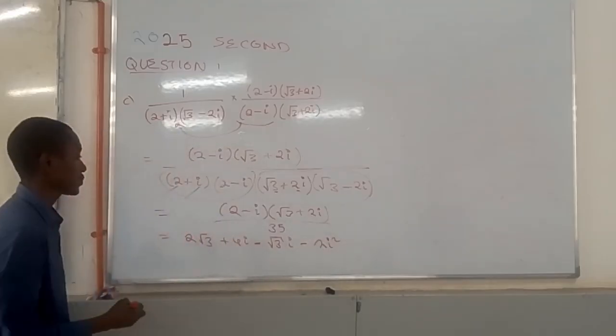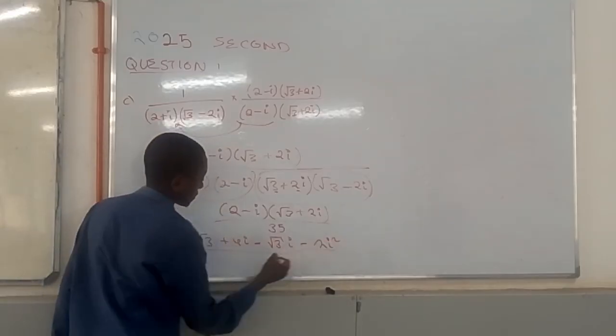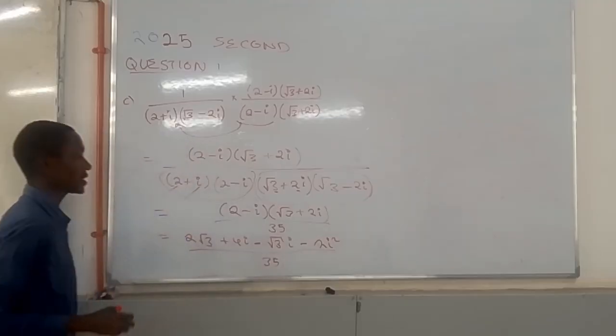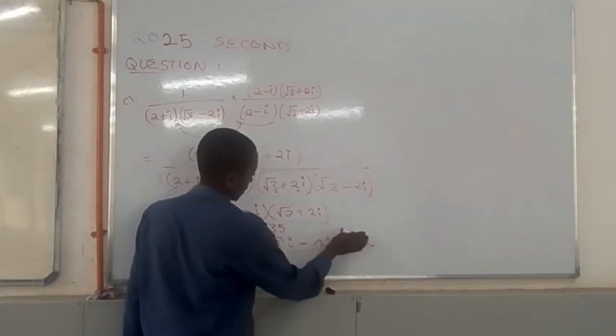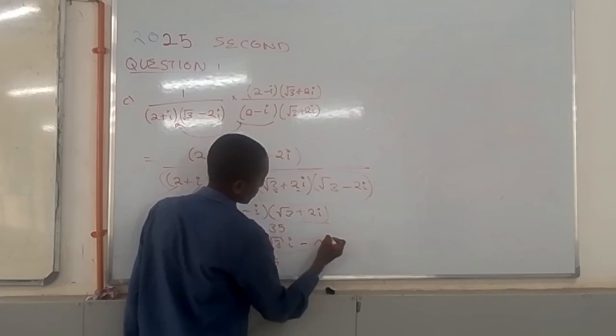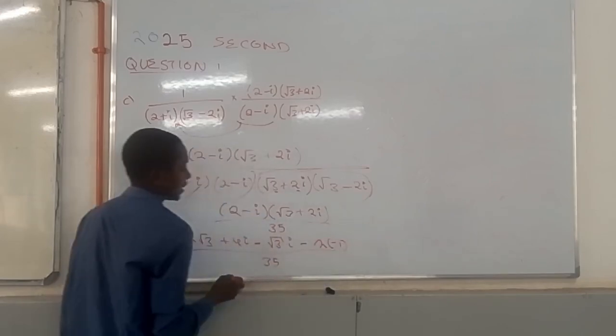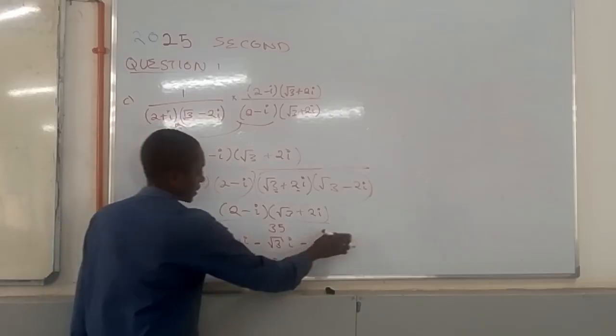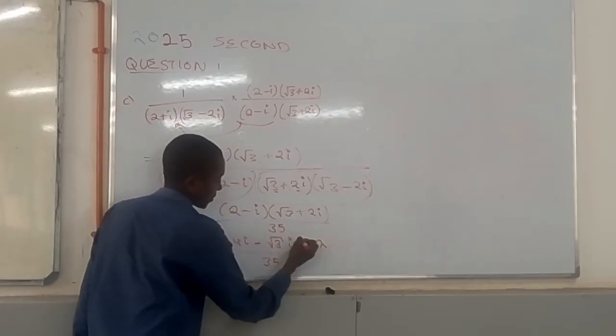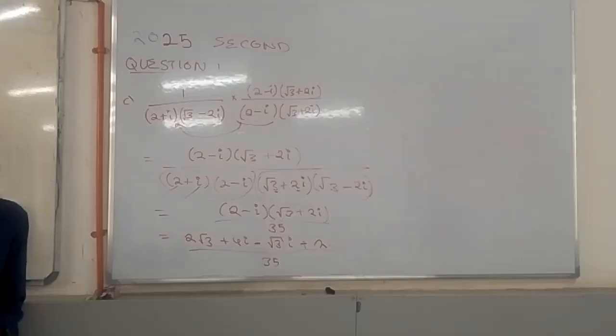This is all over 35. We know what I squared is: I squared is equal to negative 1. So we replace it with a negative 1 here. Negative times negative becomes positive. So this entire part becomes positive. Are we good? It will become like that.